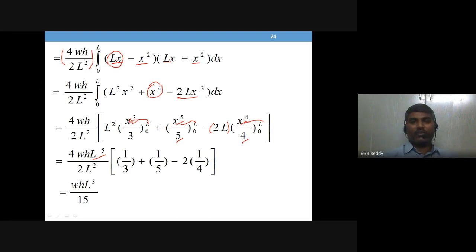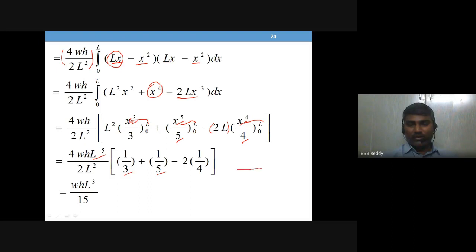Okay, so in all the cases, you have L power 5 coming out. Lower limit is 0, so you don't worry about substituting the lower limit. So what is remaining then? 1 by 3, 1 by 5, 2 times 1 by 4, that means 1 by 2. Okay, so 1 by 3 plus 1 by 5 minus 1 by 2.